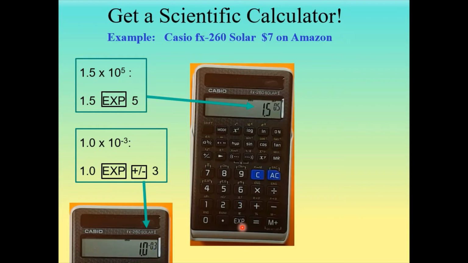You press that button, and then you would enter the 5 up here. You notice you don't have to put the 10 in there. You just enter the power, and it looks like this on the calculator. It's 1.5, and this 5 up here tells you the power of 10. So this number here is actually this number here, 1.5 times 10 to the 5th power, which is 150,000.